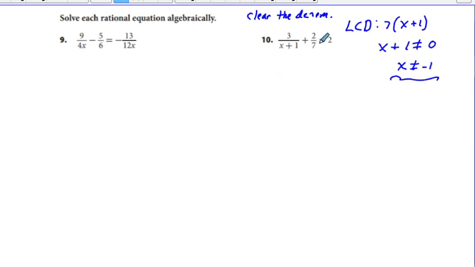So we're going to rewrite this fraction multiplying by our least common denominator.